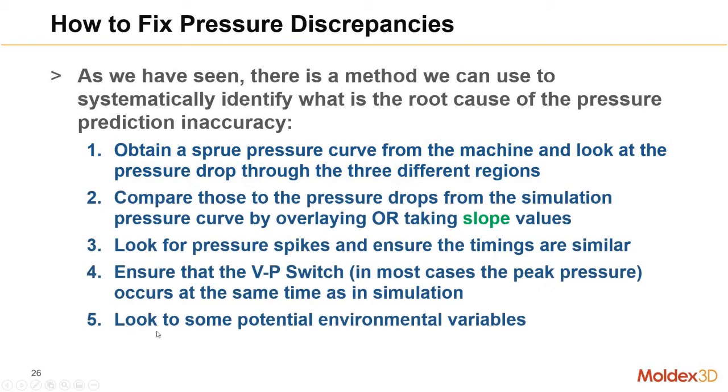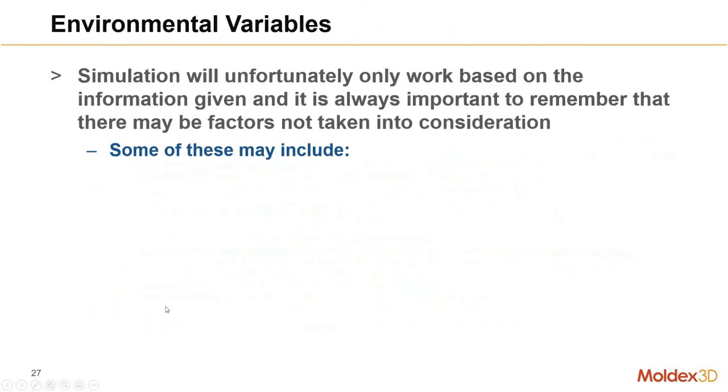And then finally, we need to look at some environmental variables. Environmental variables are things that we can't really consider in the simulation, and some of these might include the accuracy of the mold cutting. So maybe there's a surface that isn't cut into the mold, or maybe there's something that was left out in the original part design that we're trying to simulate.